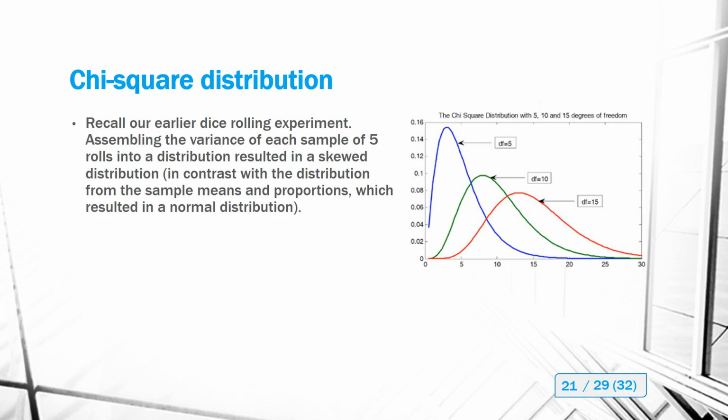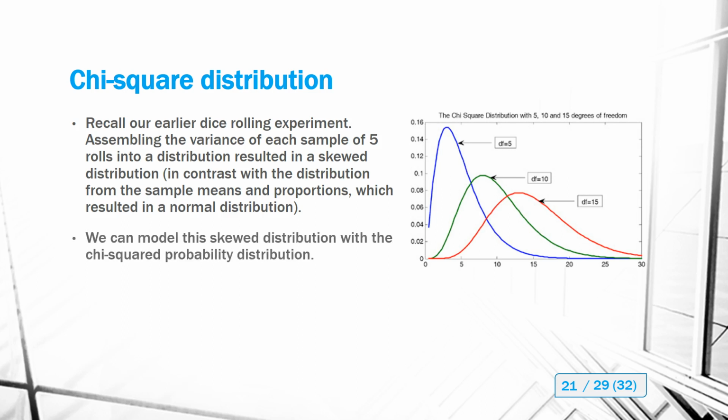And when we got up to 10,000 trials and put all the samples that we had collected into a distribution, the samples for the variance were forming a skewed distribution as opposed to the normal distribution that was formed when we collected the sample means and sample proportions. So we model the skewed distribution with a chi-square probability distribution. This is what allows us to model the skewed distribution.